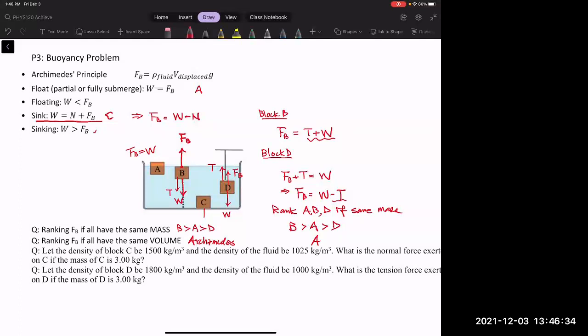Now, do B, C, and D have different buoyancy forces? If they do, what is the ranking?